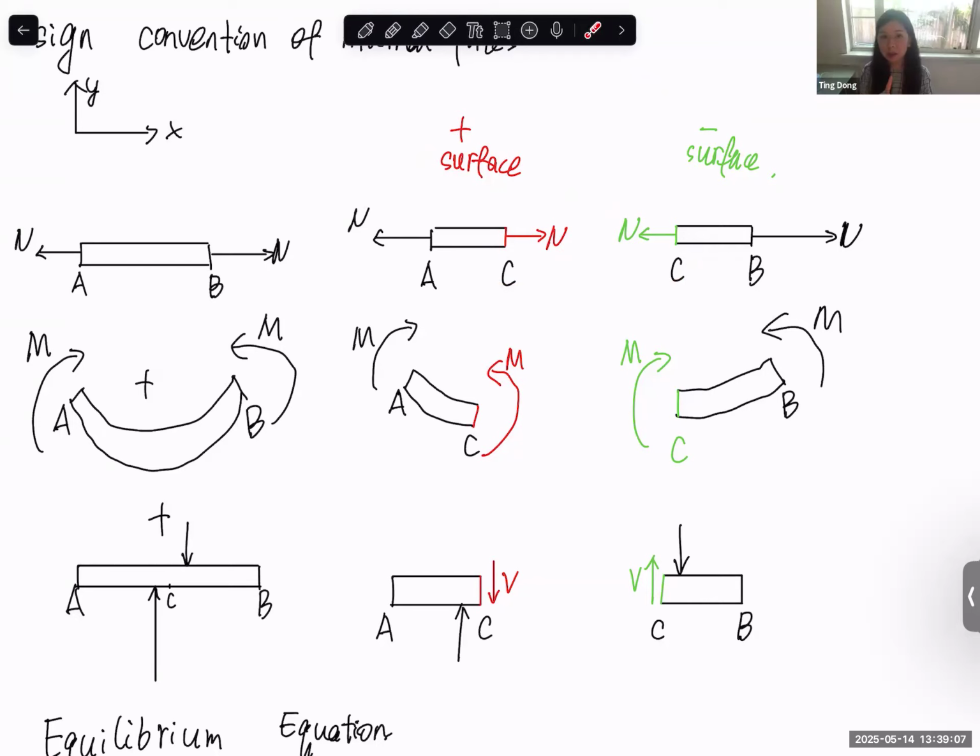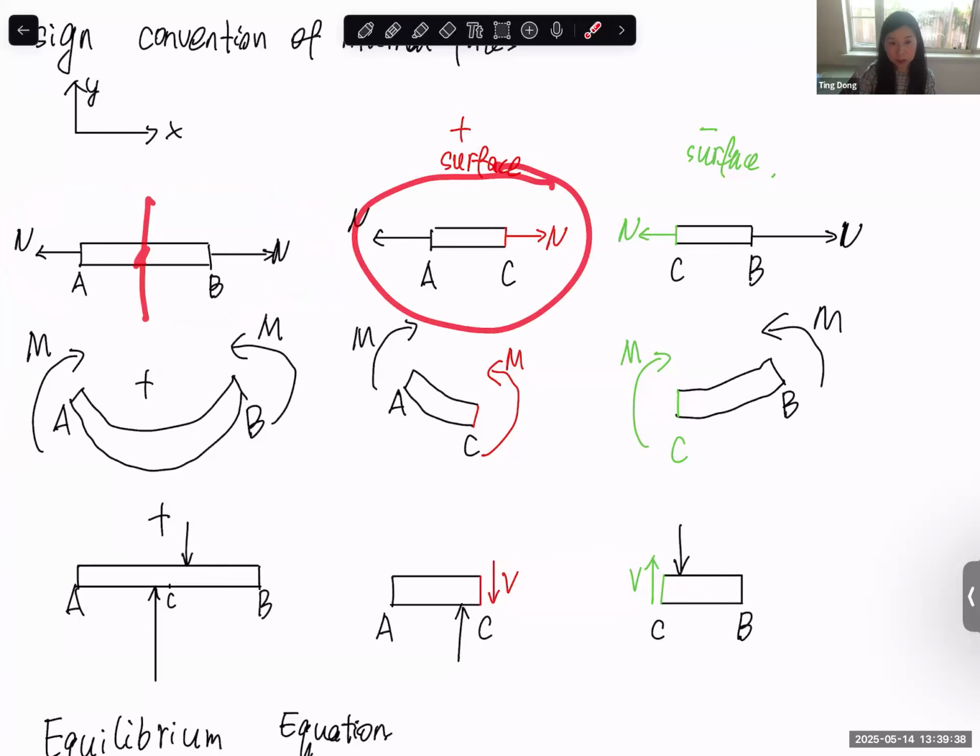Do we agree that no matter whether it's statics, mechanics of materials, or any solid mechanics class, we always consider tensile as positive and compressive as negative? So if we agree that tensile is always positive, let's say now we know this is positive. If we want to know the internal force at any random point in this structure, we cut through that point.